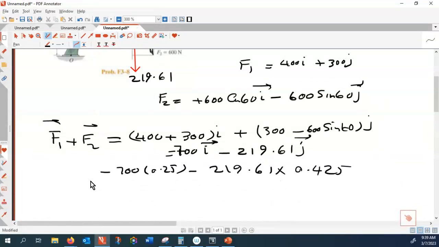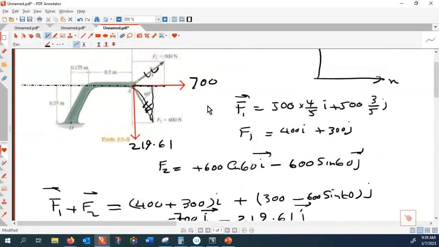Okay, so now we have two negative numbers added together that give you a negative number. That implies the system would rotate clockwise. So does this make sense? No, it doesn't. Because this force, does it pass above O or below O?